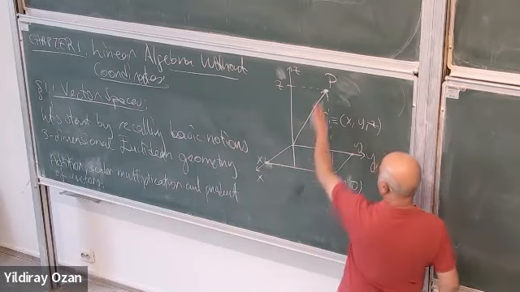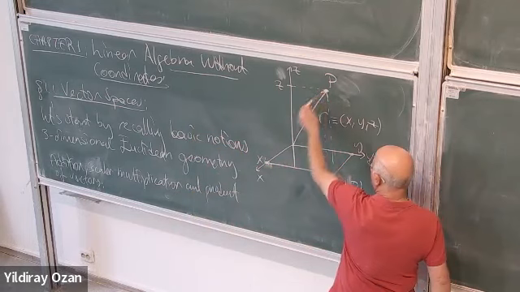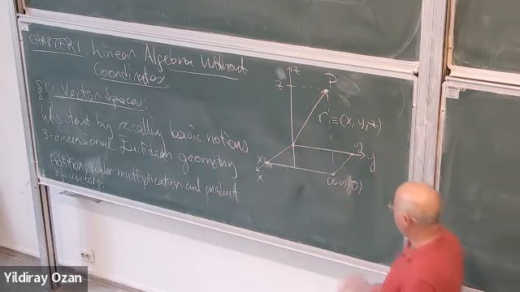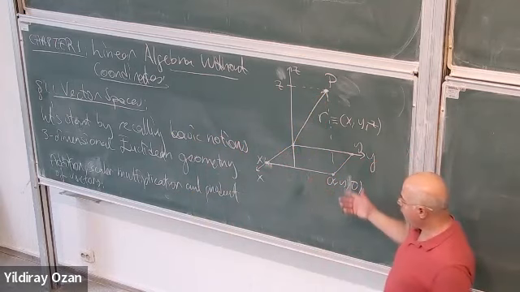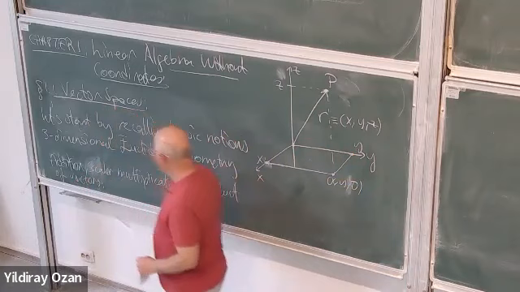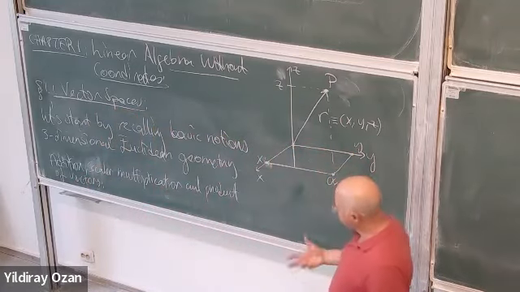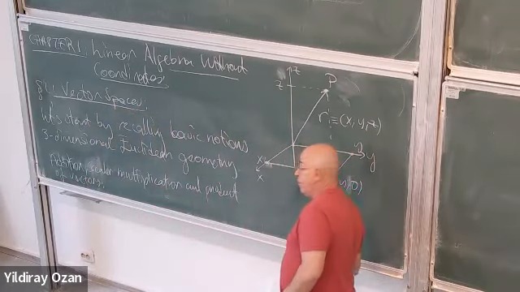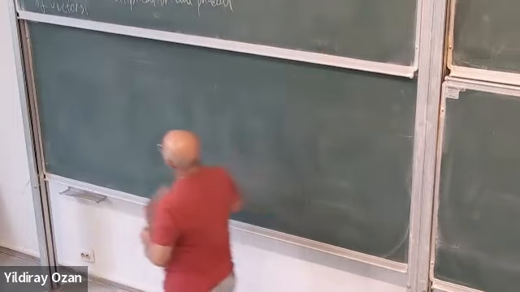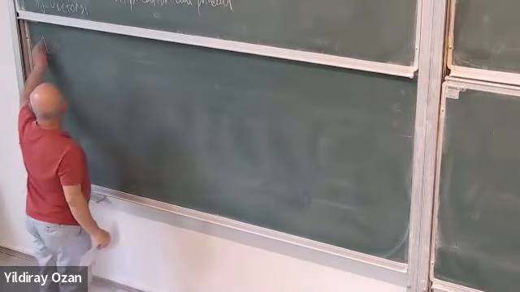Whenever we have a point in the space, we may join this point to the origin and we obtain a so-called vector. And for vectors, we have addition, scalar multiplication of a vector by a scalar, and product of two vectors. Let's recall what they are.